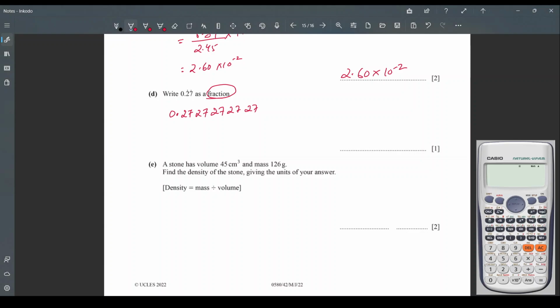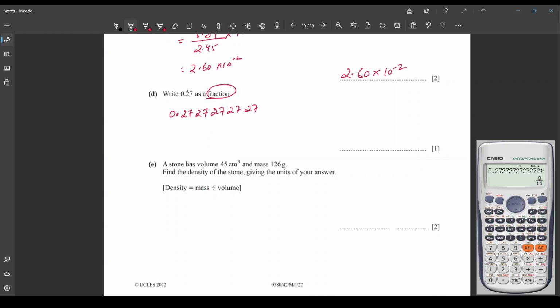I'll do this, a very shortcut method to find the answer. I'll write 0.27 27 27 27 27 27 27 27, until I get a fraction, which is 3 by 11. So your final answer will be 3 by 11.